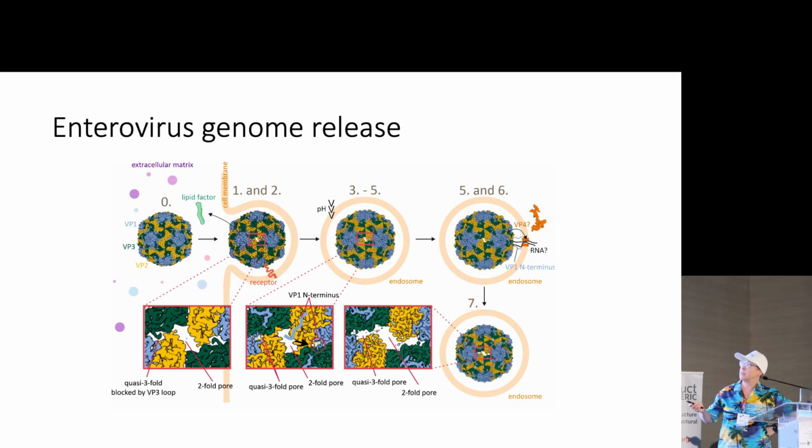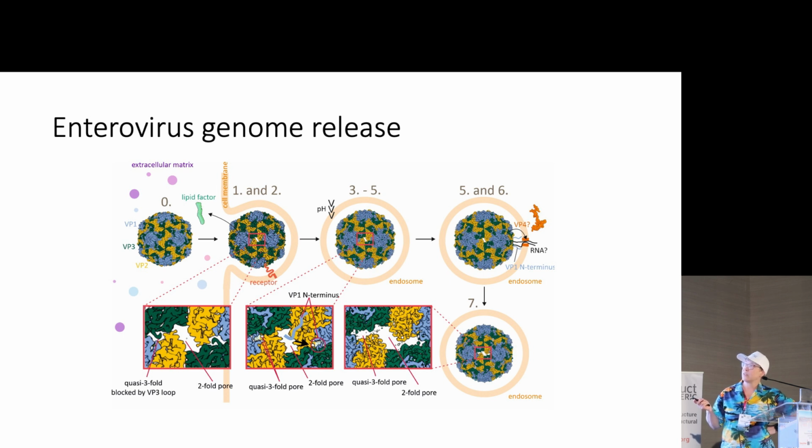In more detail, we found that there are many factors actually outside the cells that can already prime these capsids for the release of the genome. One of the surprising results we had was that even the presence of serum albumin for these viruses that are circulating in the blood can actually start to trigger this activation.